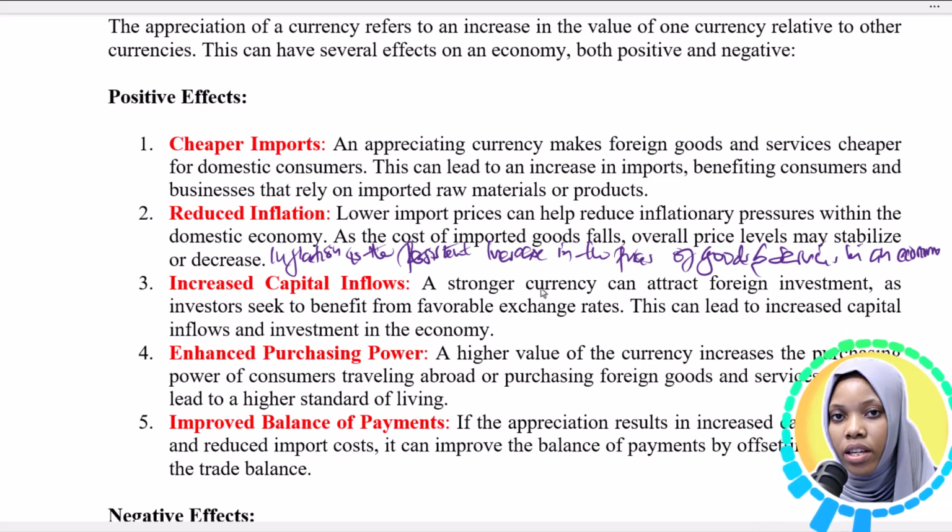That is what inflation is. So appreciation reduces inflation. Another positive effect, that is number 3, is increased capital inflows.